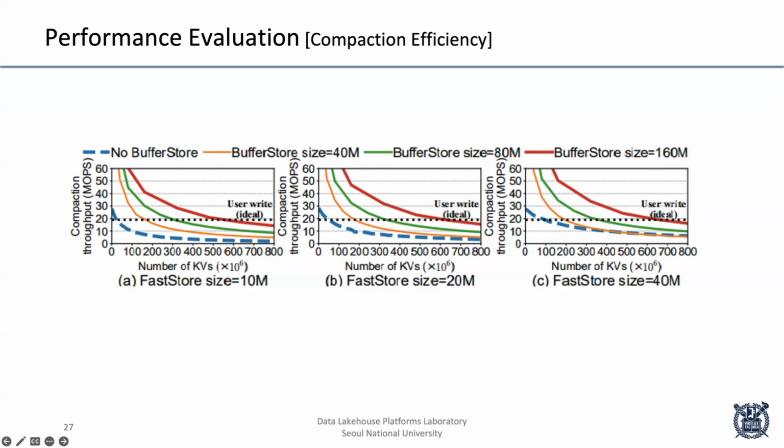In this evaluation, the key parameters are two: the size of the fast store and the buffer store. But when I read the three graphs, for me, they look almost the same. I think it's saying that if we use a buffer store, we can increase the throughput of the compaction.